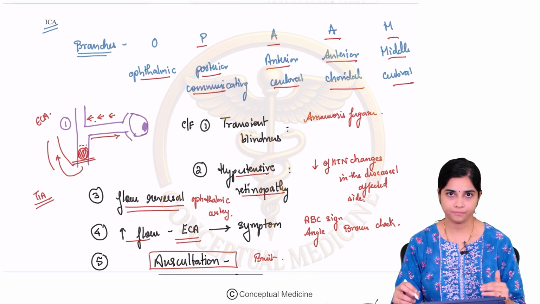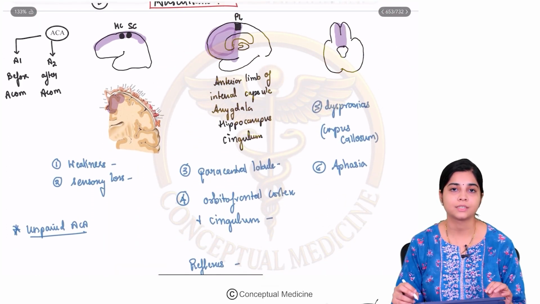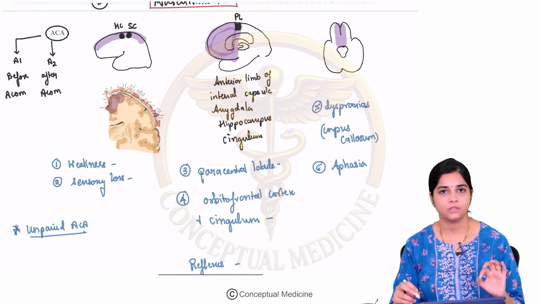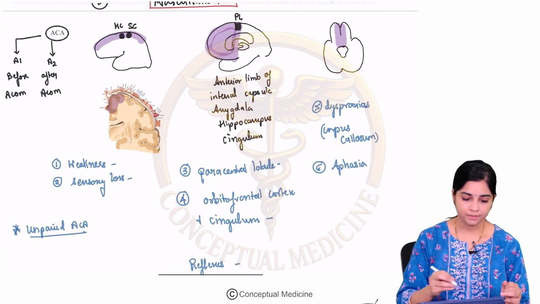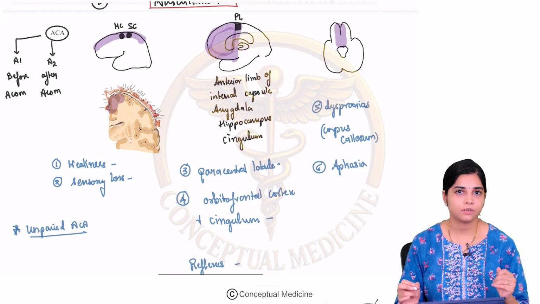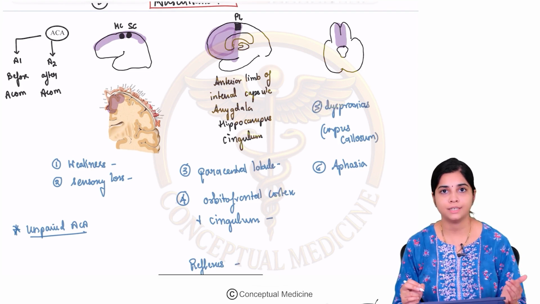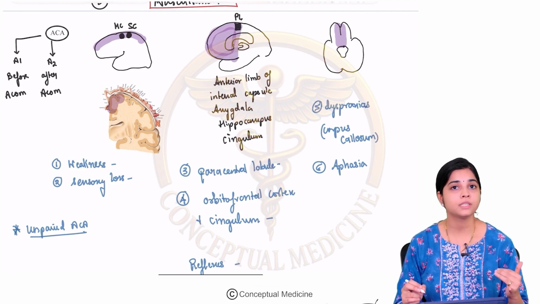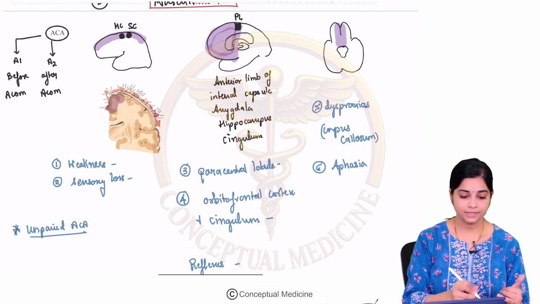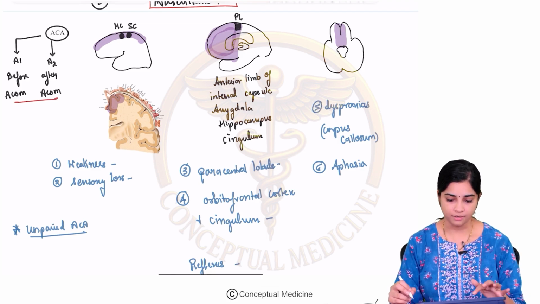Now let us move on to your anterior cerebral artery, or ACA, circulation stroke and its features. Clear? Fine. Whenever we talk about the anterior cerebral artery, it is divided into two parts, A1 and A2. A1 is the branch which arises before the anterior communicating artery, and A2 is the one which arises after the anterior communicating artery.